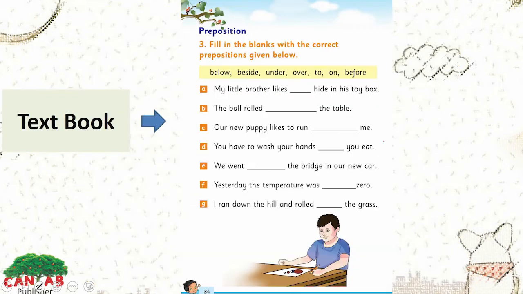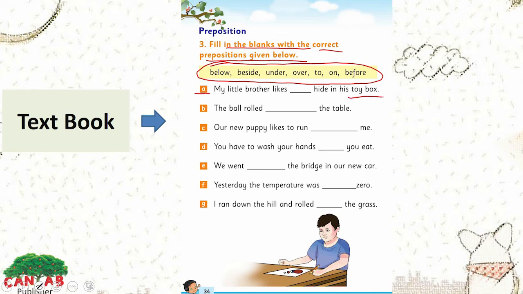Page number 34 of your textbook. Let's do the exercise of it. Fill in the blanks with the correct preposition given below. These are the prepositions. You have to choose the correct one and fill these blanks here. My little brother likes to hide in his toy box. So here the toy box and brother, we have two nouns.